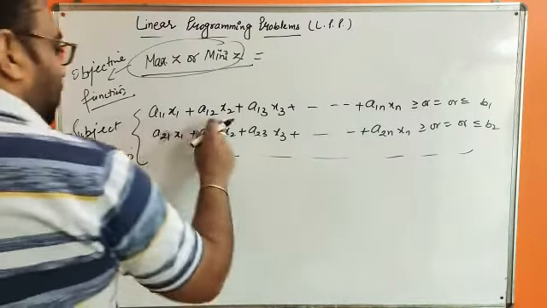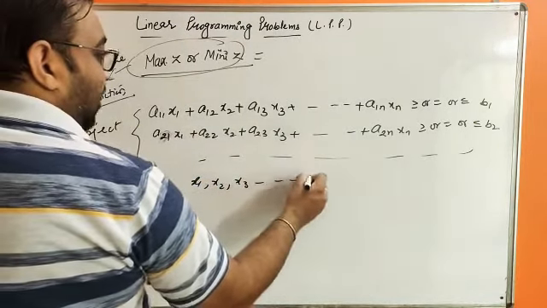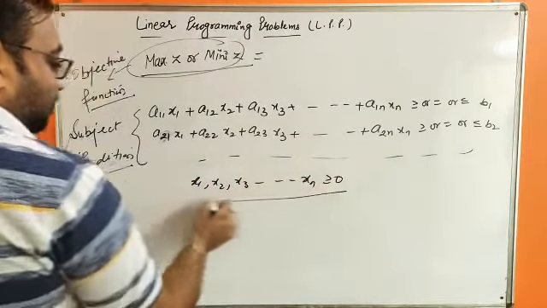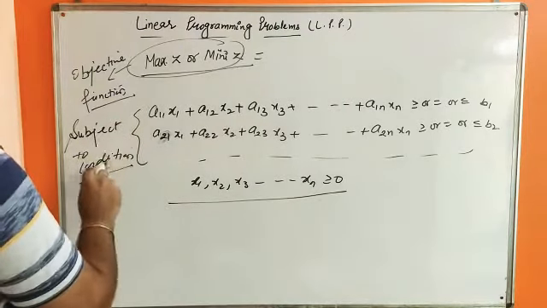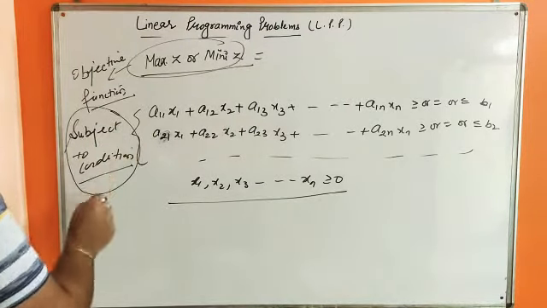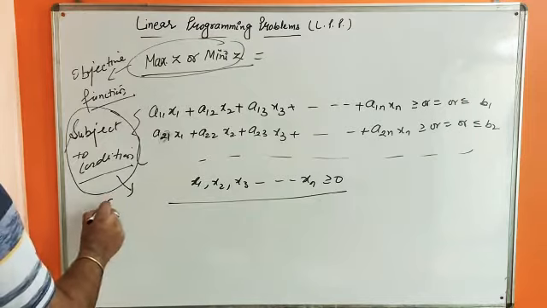So the value of all x1, x2, x3 up to xn must be greater than or equals to 0. That is, either it is greater than 0 or equals to 0. And all these equations are known as subject to conditions or constraints.